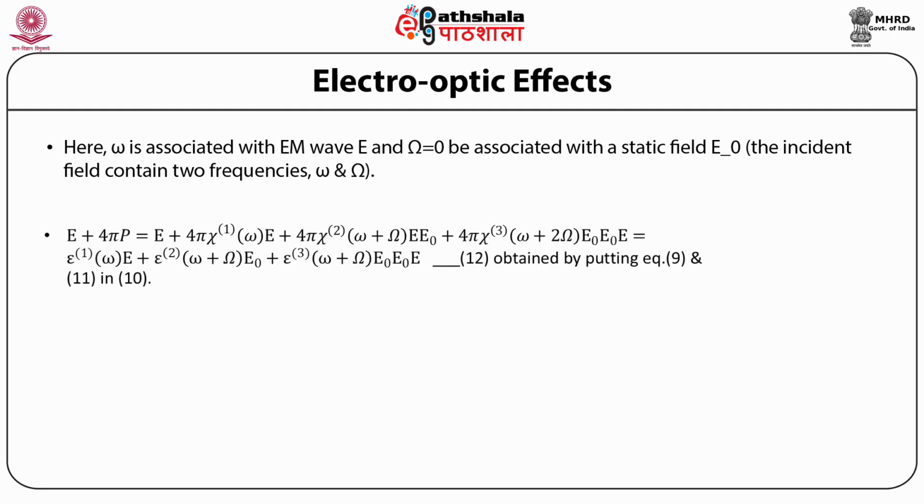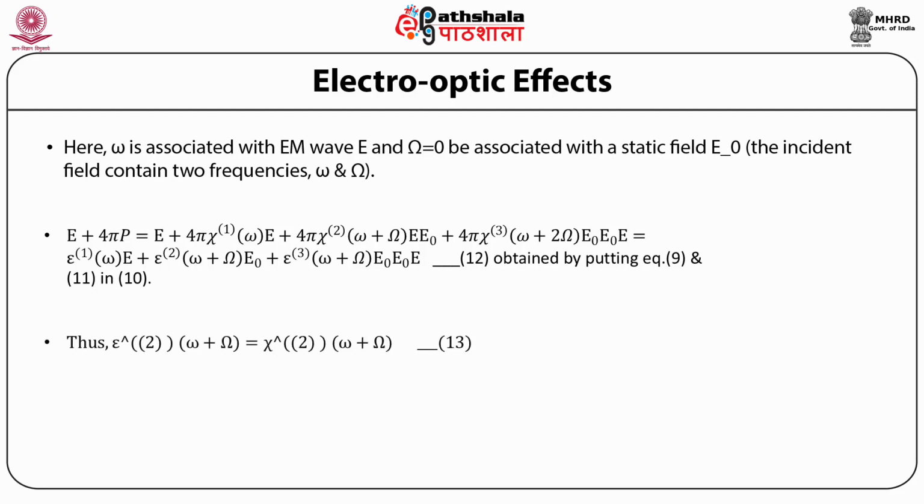Now E plus 4 pi P equals E plus 4 pi chi 1 omega E plus 4 pi chi 2 omega plus omega E naught plus 4 pi chi 3 omega plus 2 omega E naught square E, which equals epsilon 1 omega E plus epsilon 2 omega plus omega E naught plus epsilon 3 omega plus omega E naught square E. This is obtained by putting equations 9 and 11 in 10.